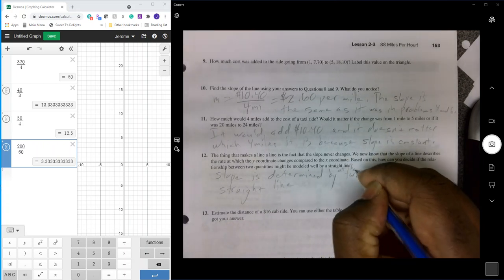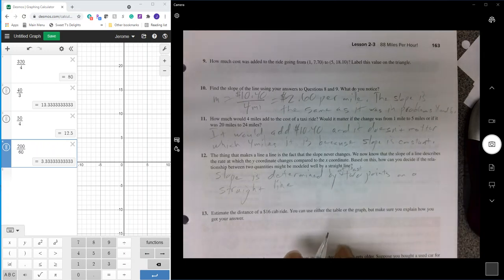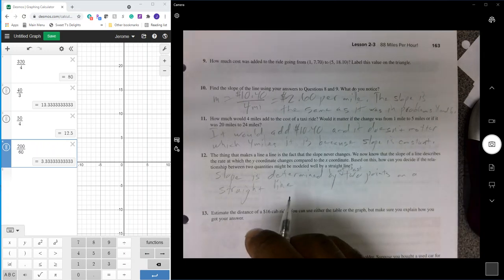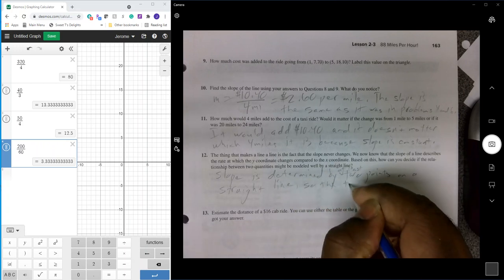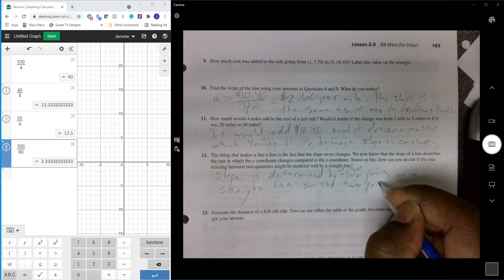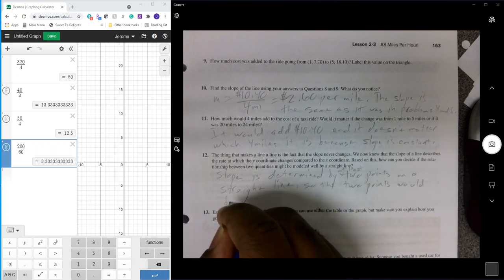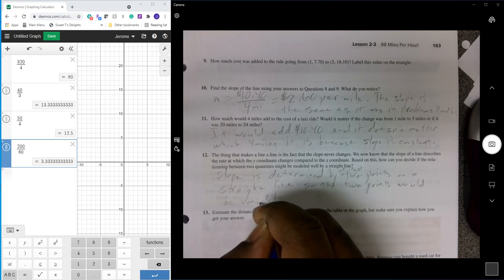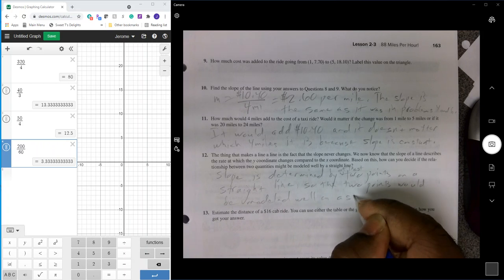So I'll put at least. So it's by at least 2 points on a straight line. So the 2 points would be modeled well on a straight line.